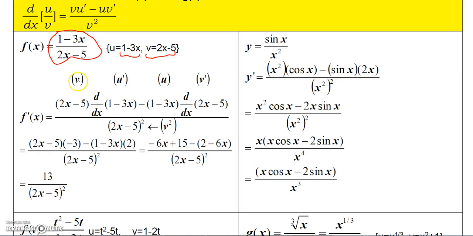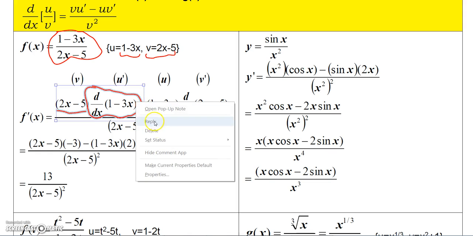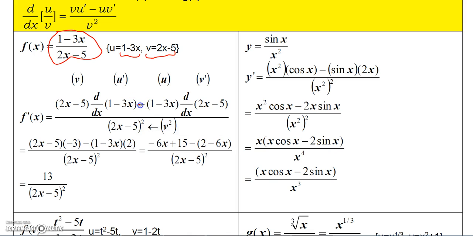So when I apply this formula for the derivative of u over v, I'm going to have v, which is 2x minus 5, then times the derivative of u, that's my u prime, so the derivative of the numerator, 1 minus 3x, and then minus. That minus sign is important, so it's minus, not plus.